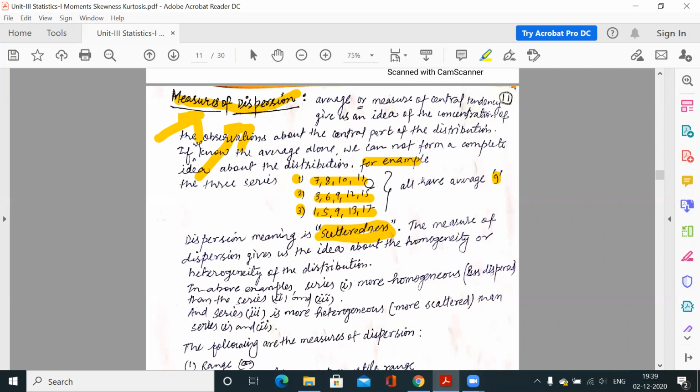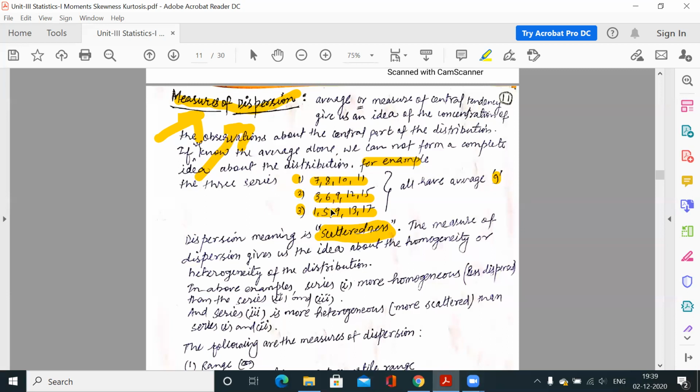I can say that in this series the data points are more scattered around the central value compared to the first series, because in the first series the points are near 9, but here 9 is equal to 9, while 6 and 12 are far from 9 compared to the first series data points. Similarly, 3 and 15 are even farther from 9.